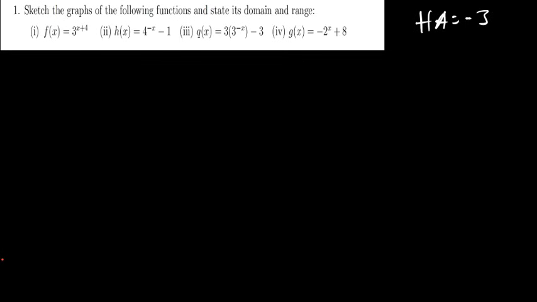Okay, so now let us look at another type of exponential, which involves e. So even here we can clearly see that it's basically the same. We have got the same nature of the graph. Nothing is going to change.